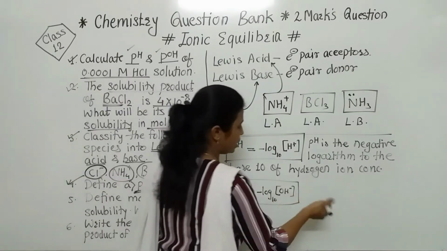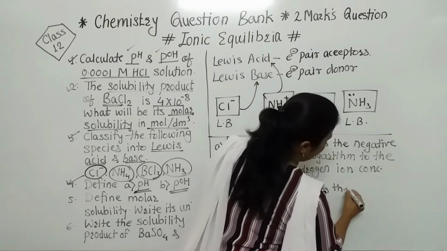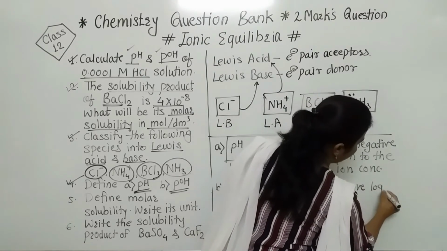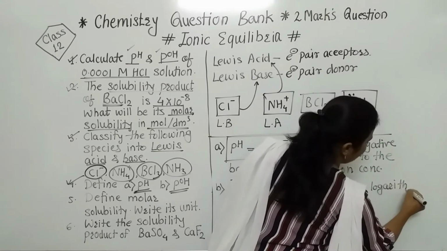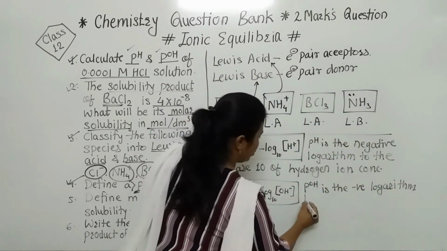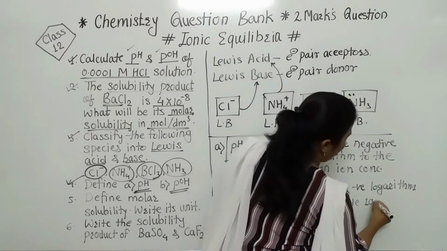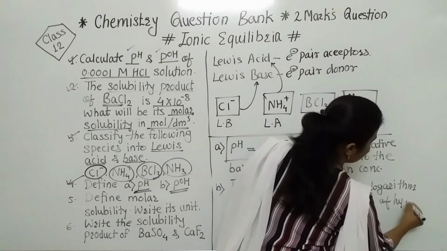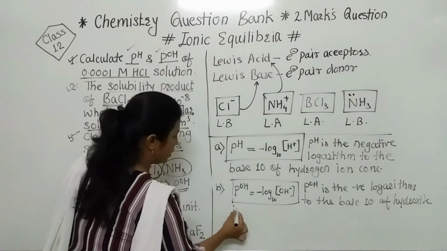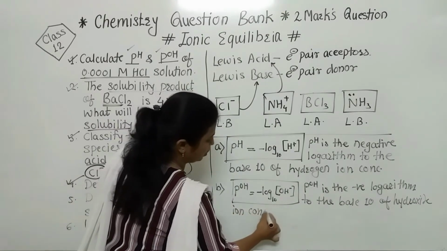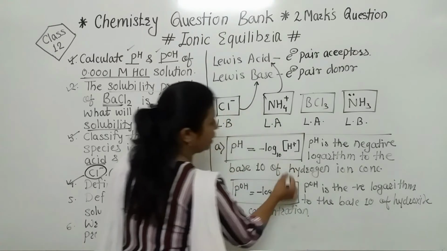So here also we can write the definition. pOH is the negative logarithm to the base 10 of hydroxide ion concentration, and this is the definition of pH and pOH.